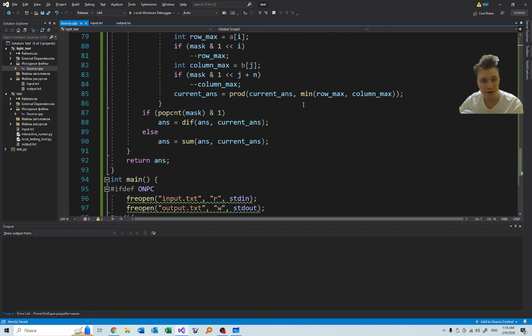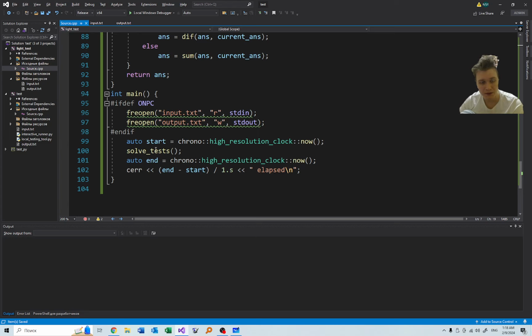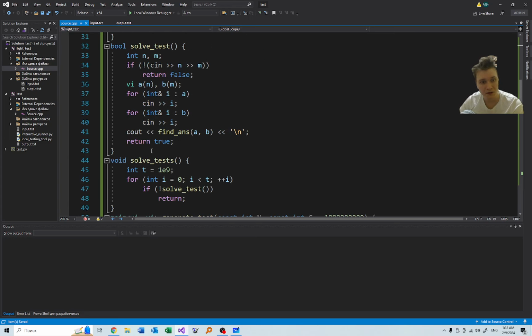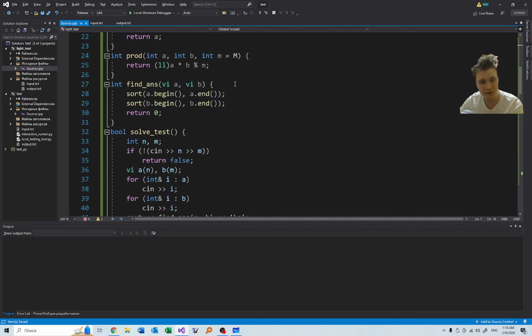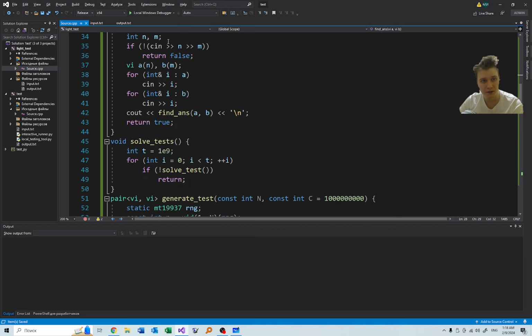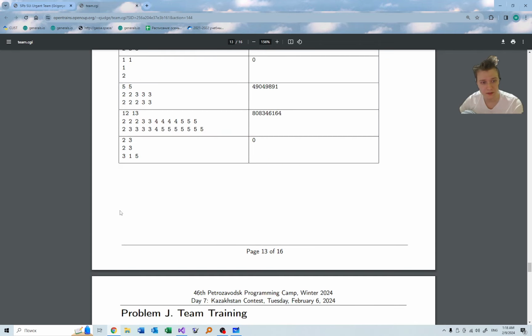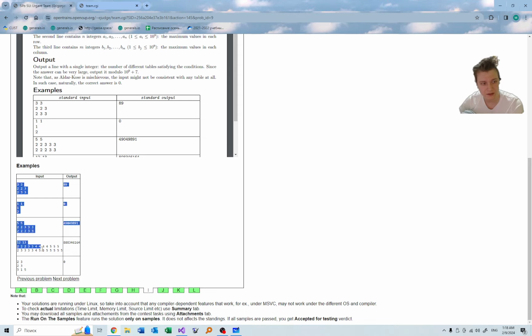Well, we are done here. So actually we can try to say that we return find and slow of A and B. Let's try and do it. So let's copy the samples.